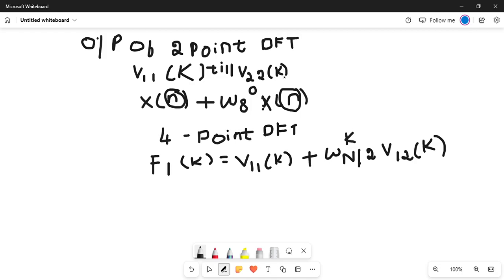I just made a mistake. When you do the DFT, the output will always be k. Your input will be n, your output will be k. For an IDFT, your input will be k and your output will be n. You know that, right?